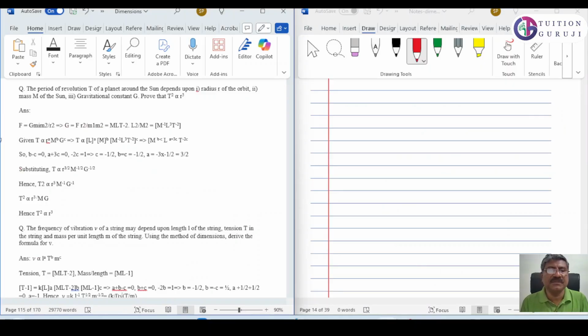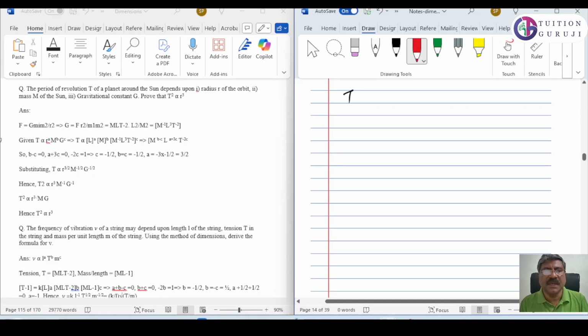The period of revolution T of a planet around the sun depends on the radius r of the orbit, the mass of the sun, and the gravitational constant g.